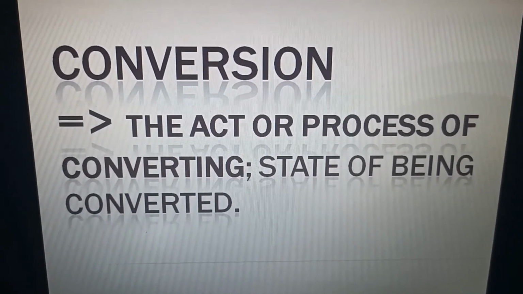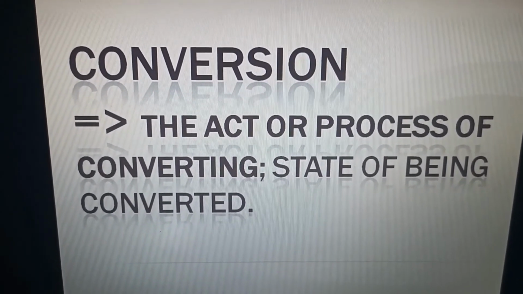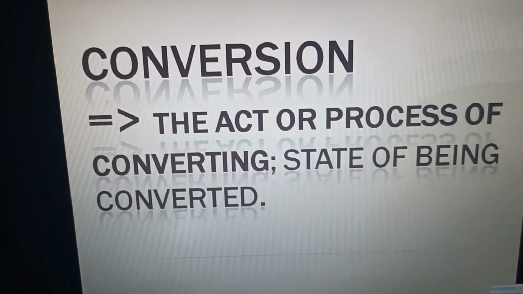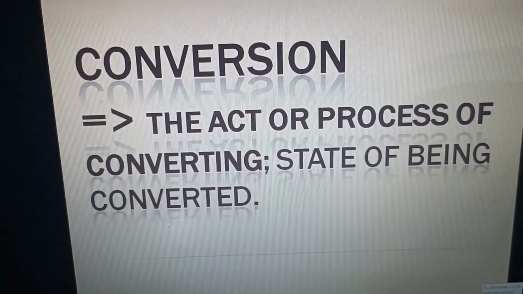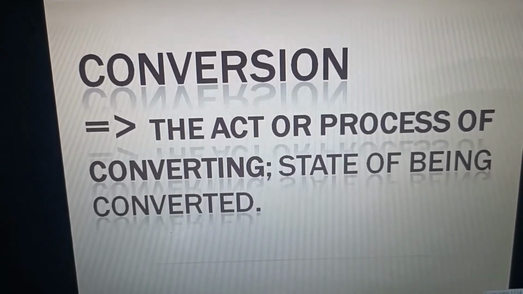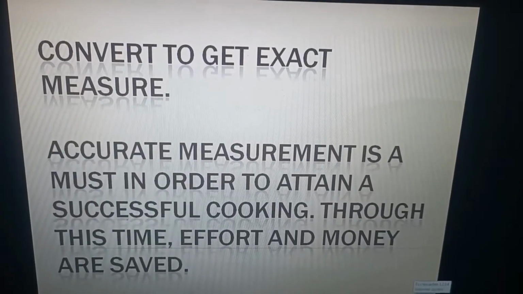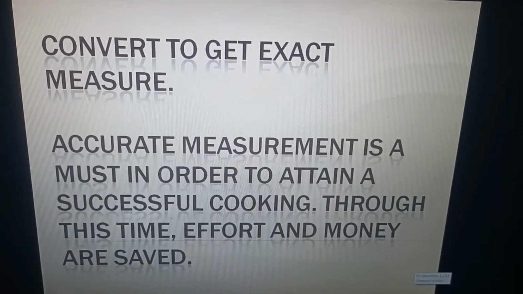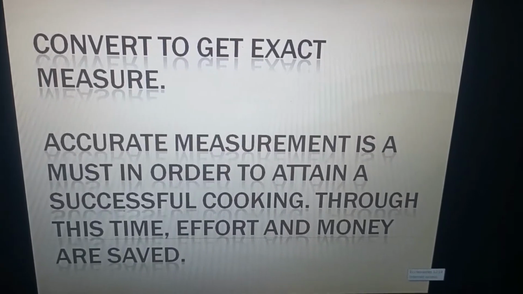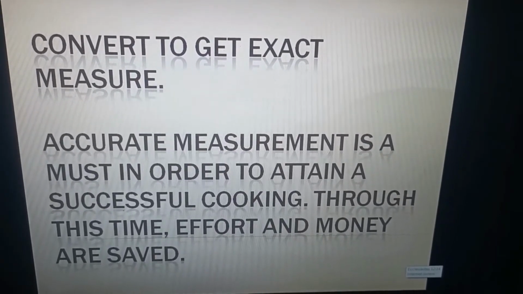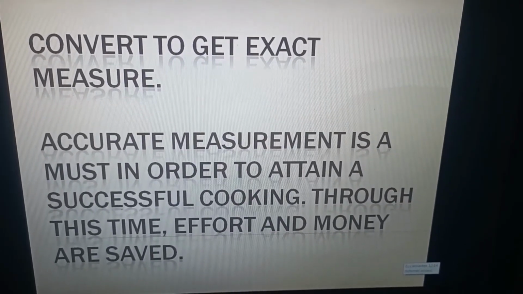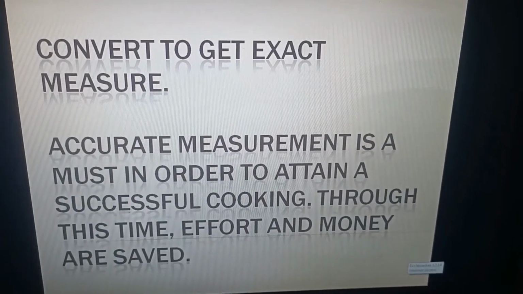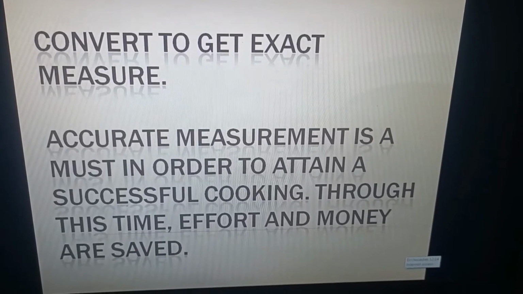Here in cookery, we convert a certain measurement to another unit of measurement in order to acquire the exact amount that we desire for our cooking. Because our main goal here is to convert to get the exact measure. Accurate measurement is a must in order to attain successful cooking. Through this, time, money, and effort are saved.